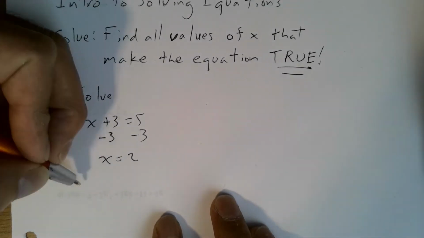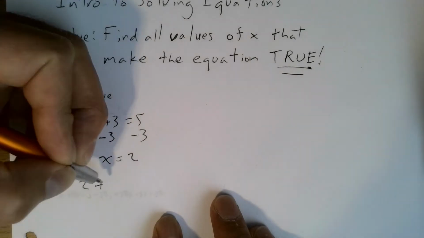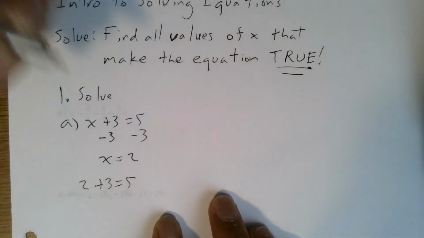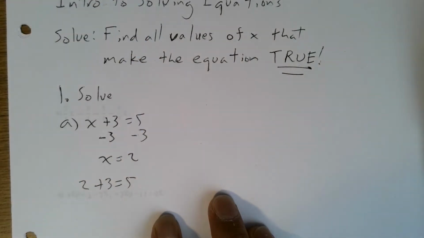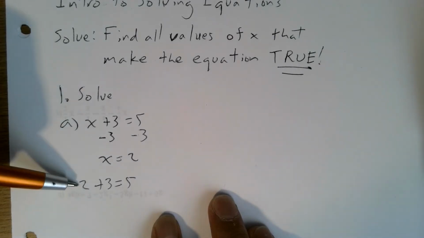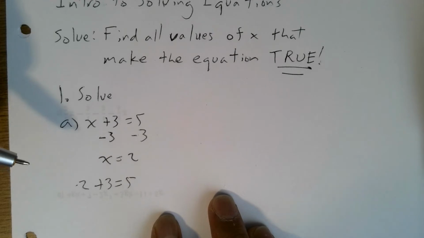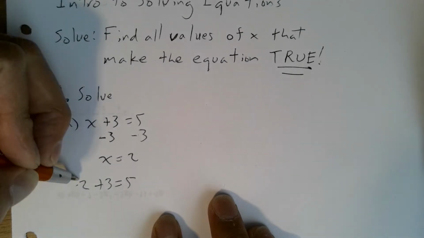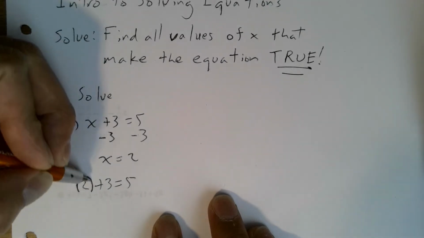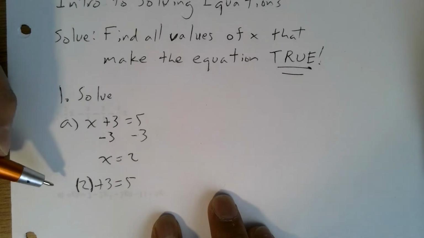So we are going to put in a 2 instead of the x in the original equation. But we also need to let everyone know that this 2 used to be an x. So in the same way as in English class you use a capital letter to mark the start of a sentence, in math class, we use brackets to let everybody know, hey, this used to be an x.